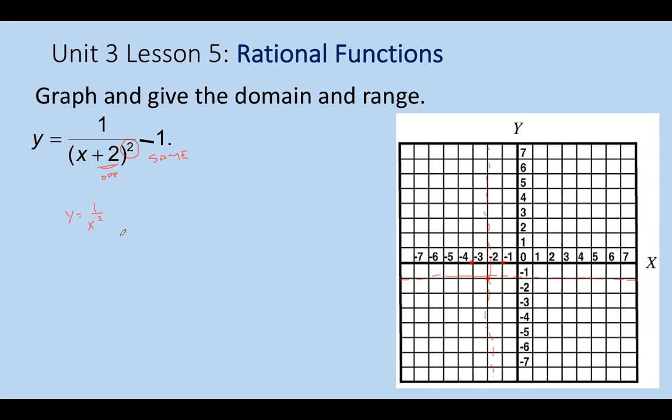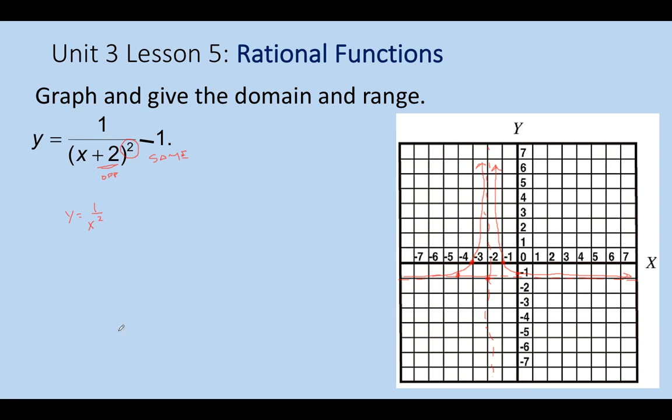If you wanted more, maybe pick 2. 2 squared is 4, 1 divided by 4 is 1/4. So over 2, up 1/4, and you'd have a symmetric point over here. Again, using the asymptotes as a guide, you can fill this in and draw yourself a fairly accurate graph.